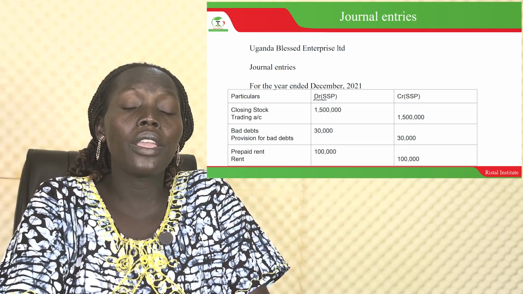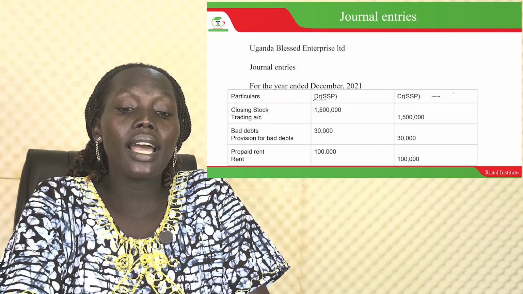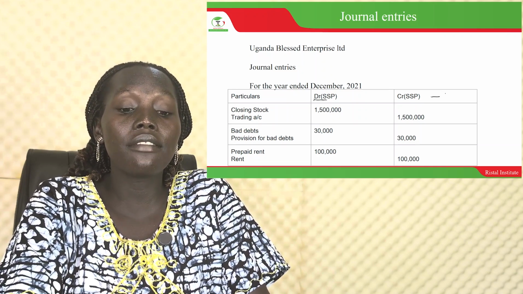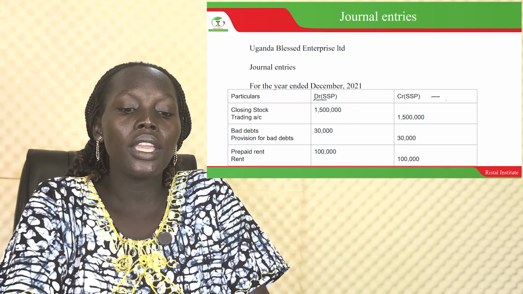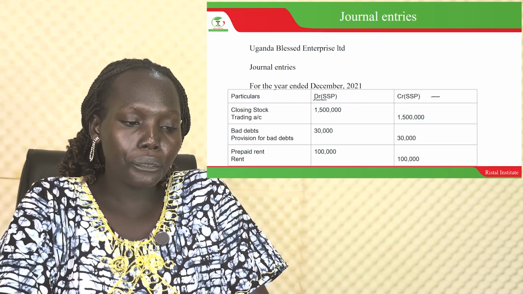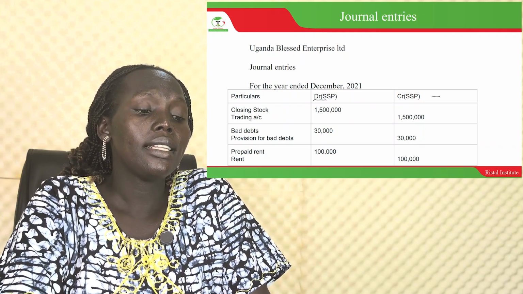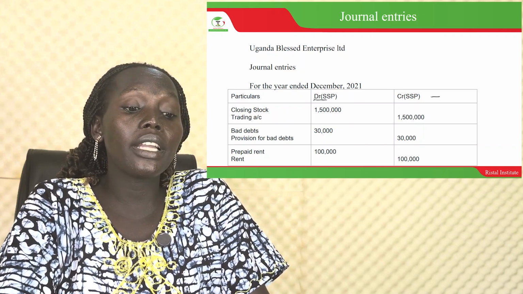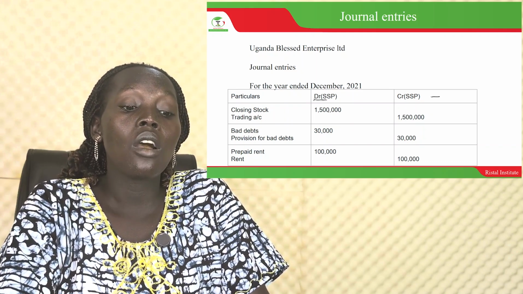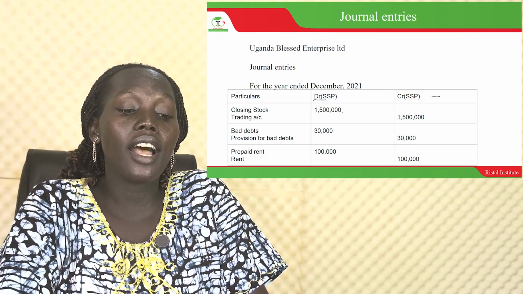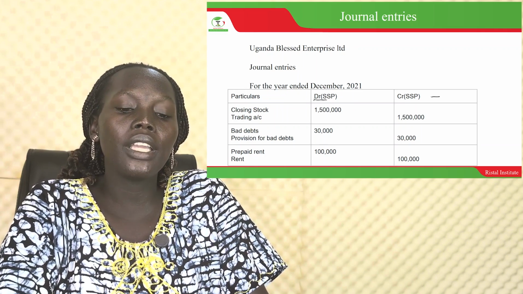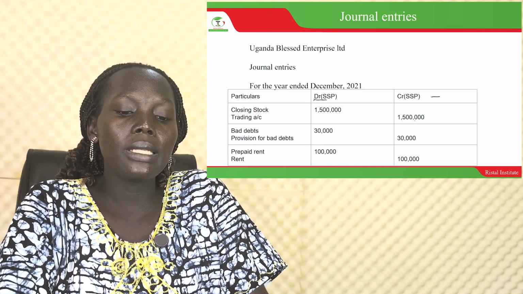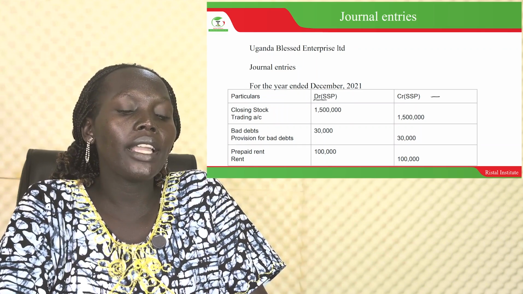If it is losing, we credit. And when a liability is receiving, we credit. When it is losing, we debit. So we see that this closing stock is receiving 1,500,000, and it's receiving from the trading account, so we debit it.